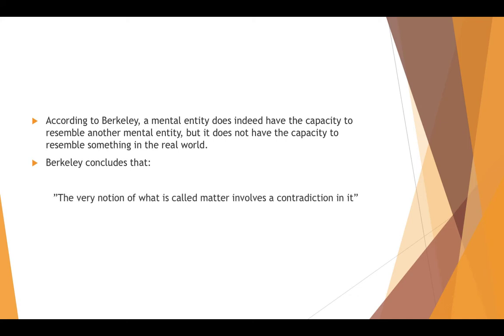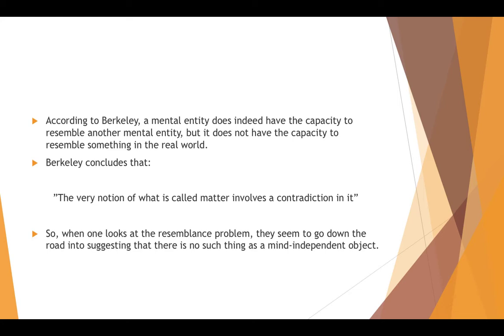And he concludes that the very notion of what is called matter involves a contradiction in it. So Berkeley takes a very strong stance. He suggests that if we take the resemblance problem and we assume that indirect realism has some problems, then there's nothing in reality beyond mind-dependent objects.